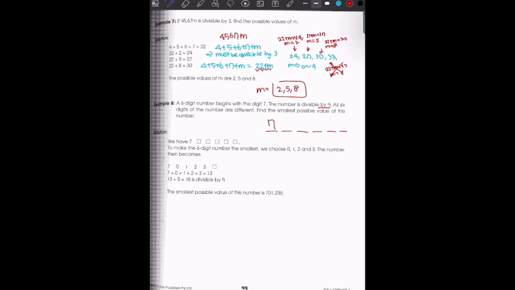So to make the 6-digit number the smallest, we know that the missing numbers must be comprised of small numbers like 0, 1, 2, and 3.